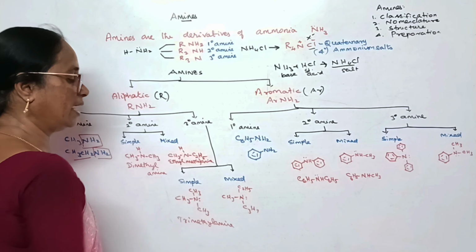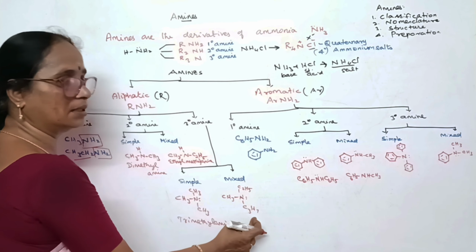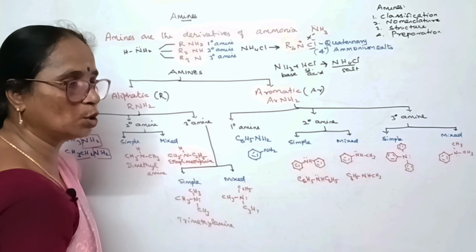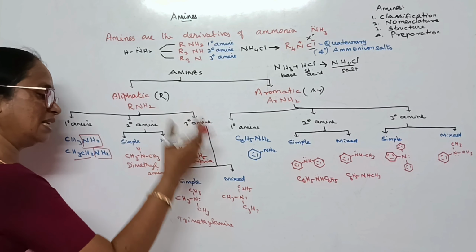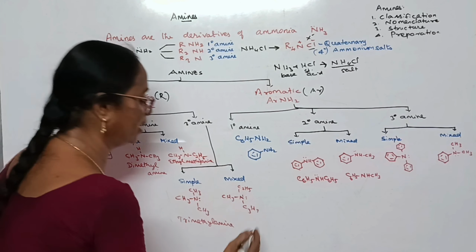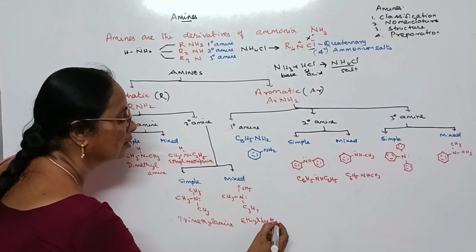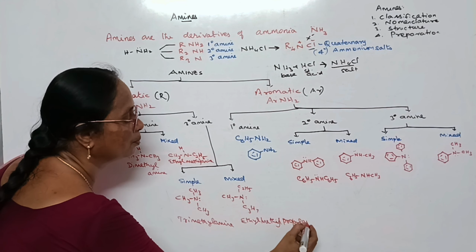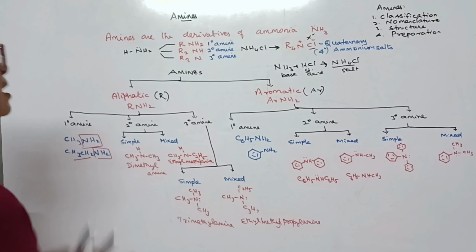And in the mixed case, one is a methyl part, the other is an ethyl part, and the third is a propyl part. So 3 different alkyl groups are there, or even if 2 of the alkyl groups are different, it comes under the mixed one. So here the name will be ethyl methyl propylamine, according to alphabetical order.